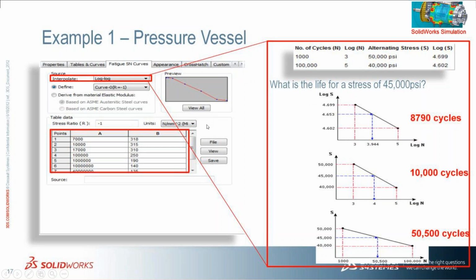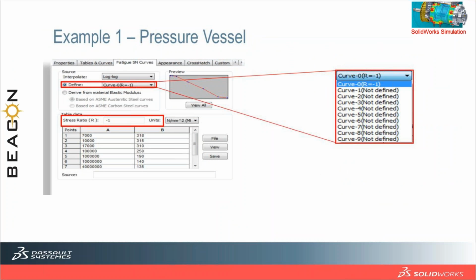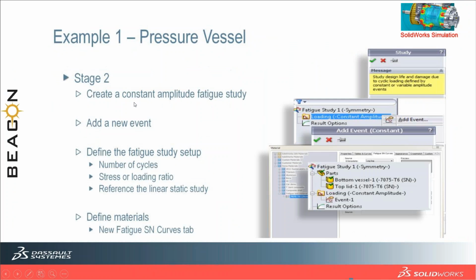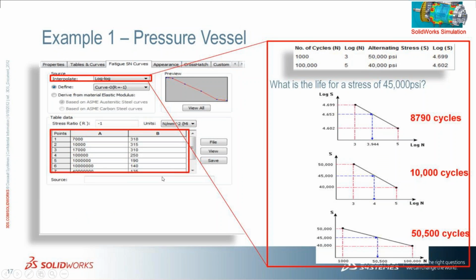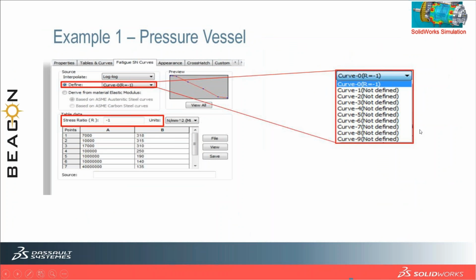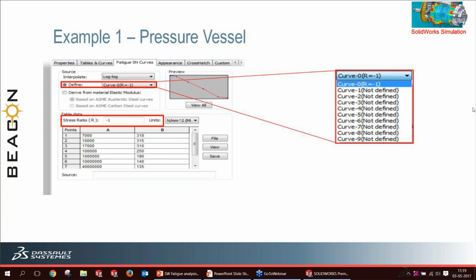It all depends upon this SN curve. If you have less data, you had better go for the log interpolation method. I'll come back to this one.